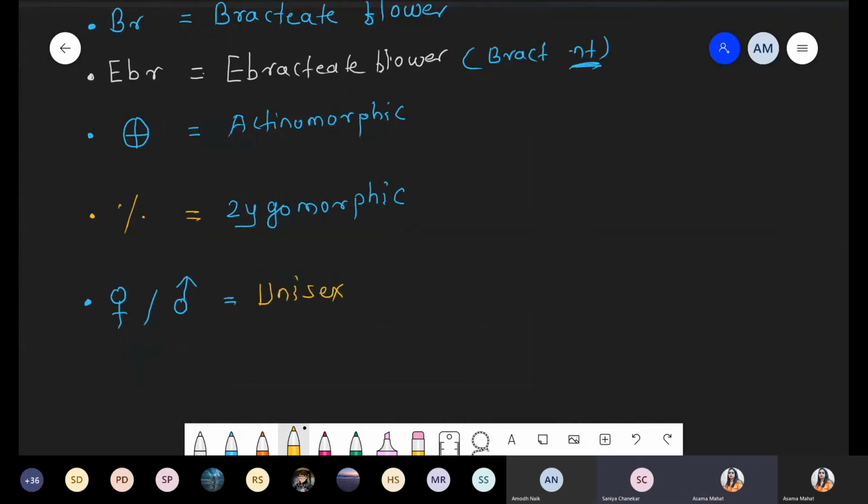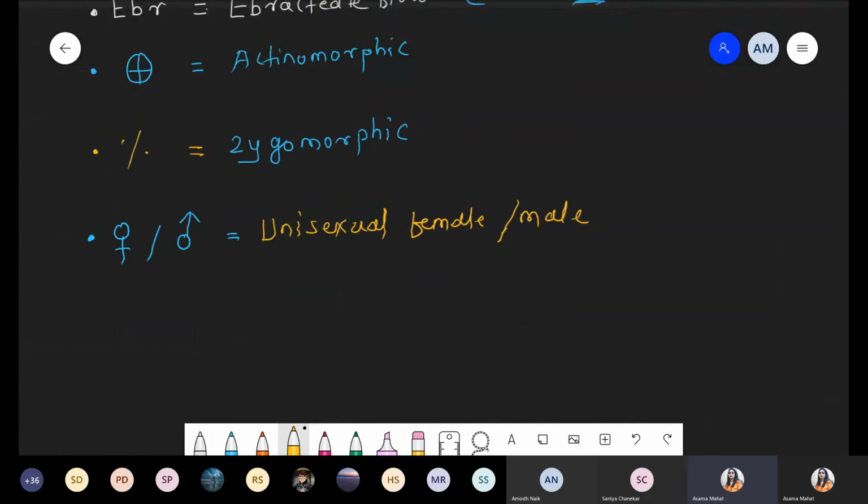So this condition represents the unisexual female, because the first symbol is female and the next symbol is male respectively. Now next condition, this symbol. We already discussed, if such type of symbol is present, it is called which flower? Bisexual. These are the bisexual.